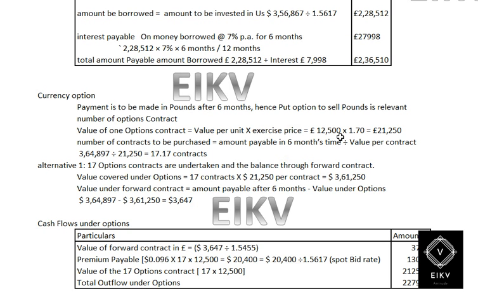So the value of one option would be 12,500 multiplied by 1.7, the exercise price. Therefore, the total value of the contract will be 21,250. The number of contracts to be purchased equals the amount payable in 6 months time divided by value per contract. It will be 3,64,897 divided by 21,250, which gives you 17.17 contracts.